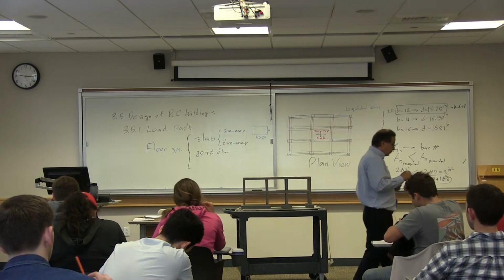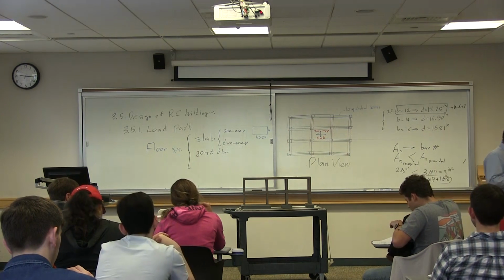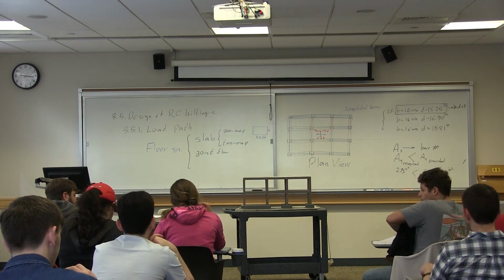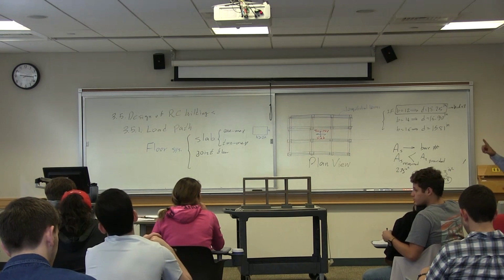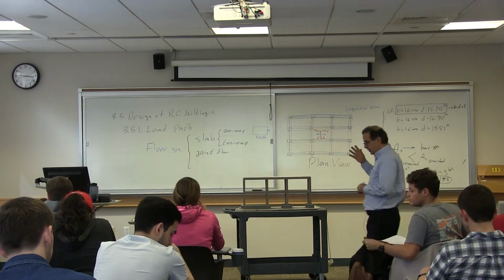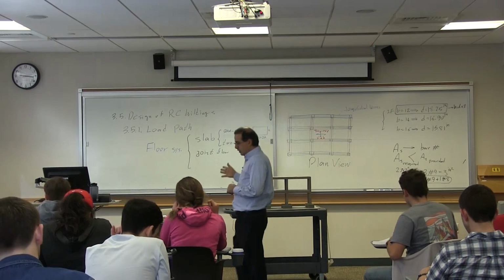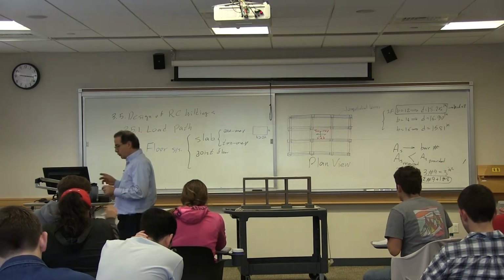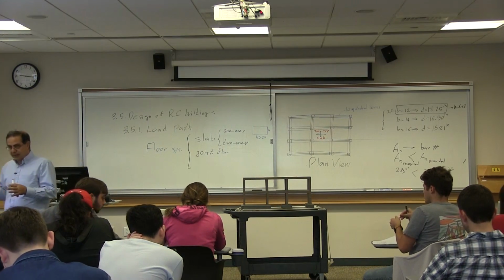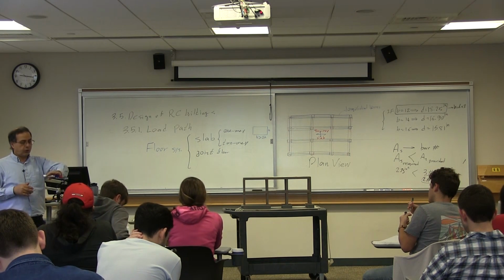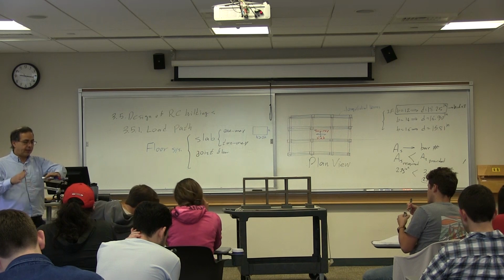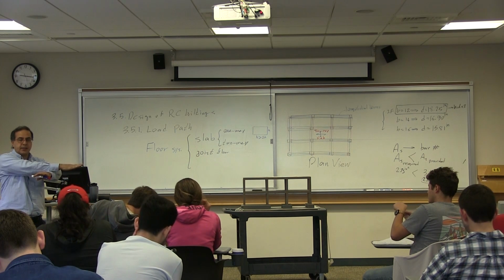Your answer was it goes in the shorter direction because the shorter direction is stiffer. So we need to explain what that means in a moment. But let's say we understand that the shorter direction is stiffer. Then your logic was the reason for that is the beam or the slab in the shorter direction would deflect less than in the longer direction.